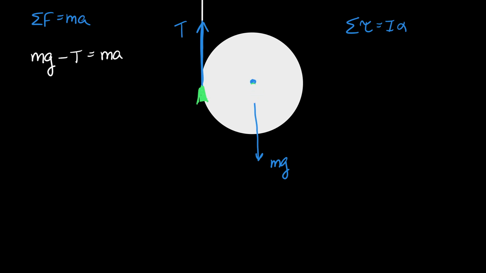Okay, that is all true. All right, so we're going to do our pivot point there. How many forces cause a torque in this problem if we choose that as our pivot point? Only one. So what is the distance from our pivot point to our unbalanced force?